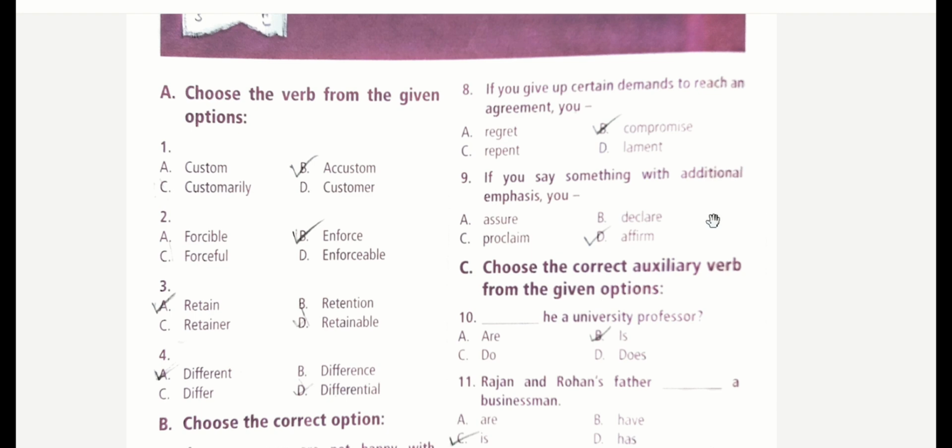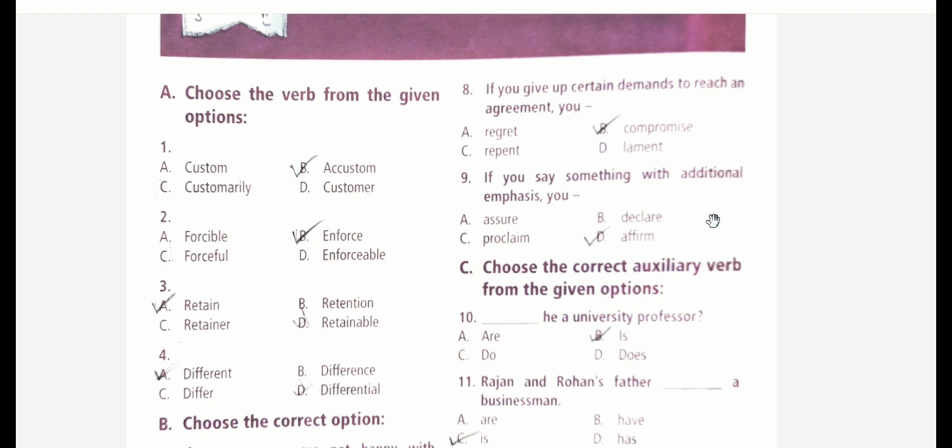Now for question number 4, there are 4 words given as options. The first one is different. Is different a verb? No, it is not a verb. It is an adjective. It means not the same or distinct. Different means not the same. Okay, this is an adjective.